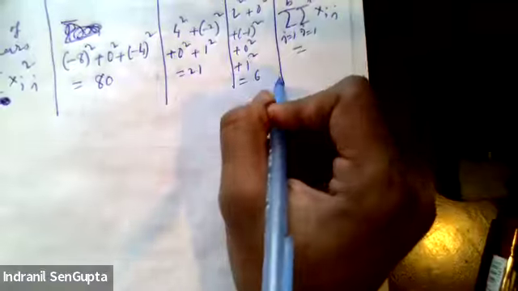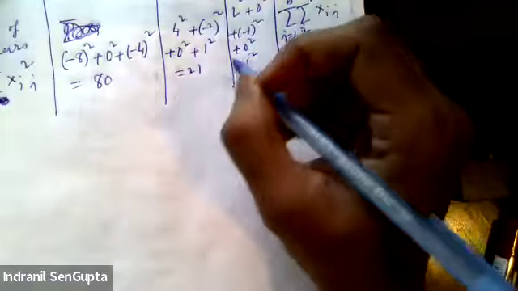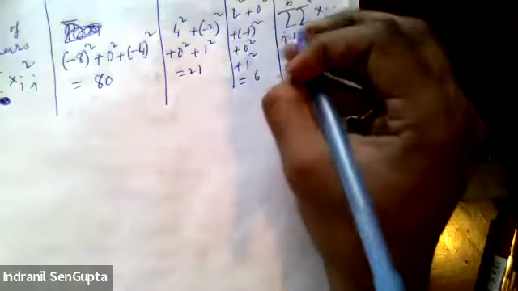So this is the sum of these 3, which is 80 plus 21 plus 6, which is 107. Okay, that's the second one. And now we are done with this one.